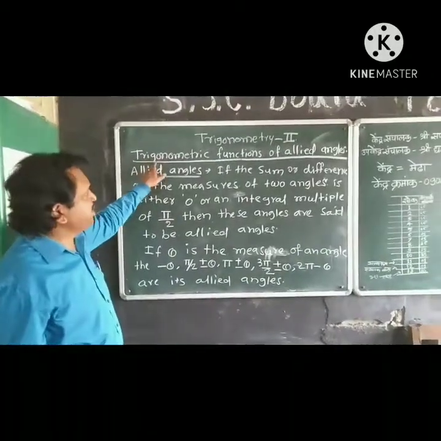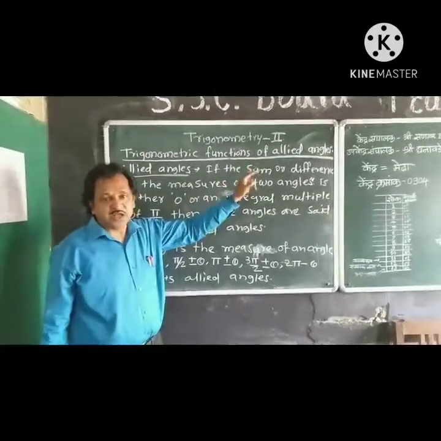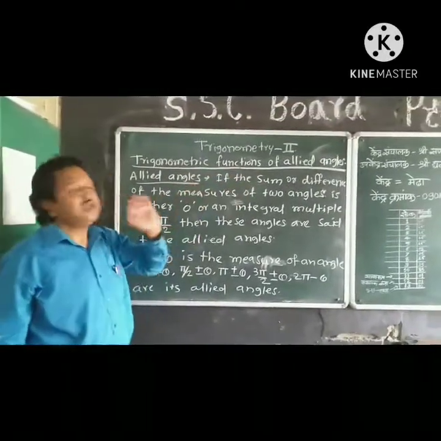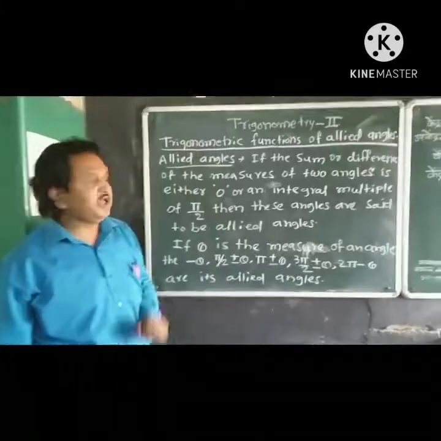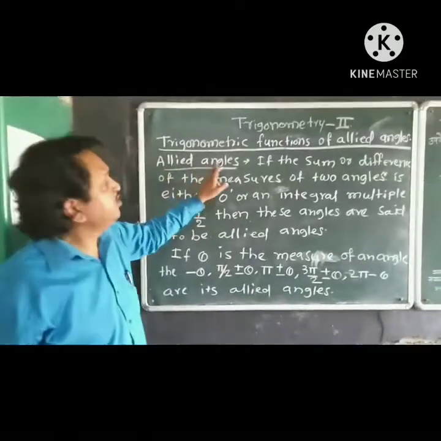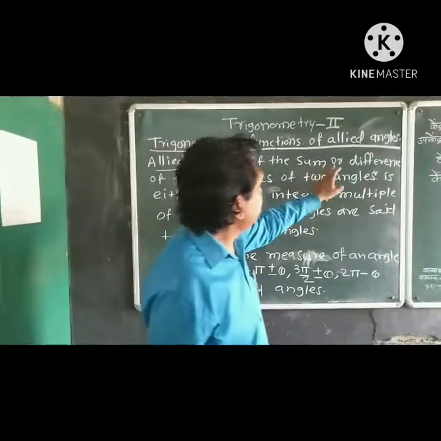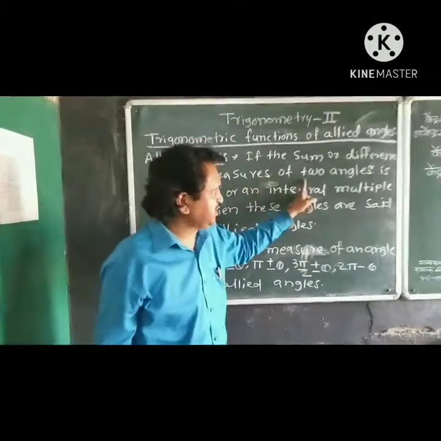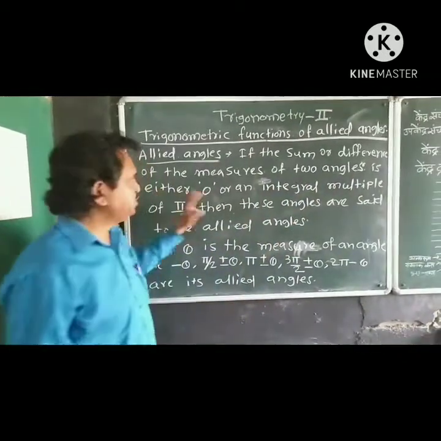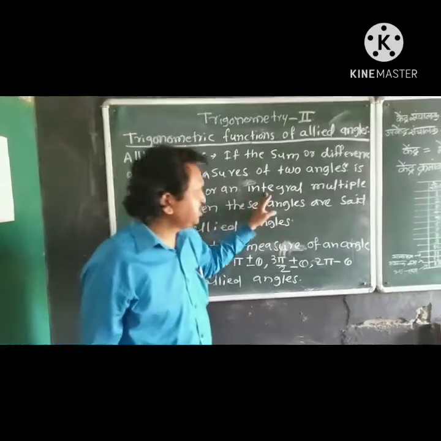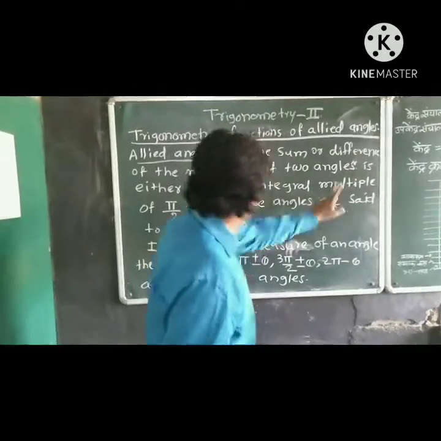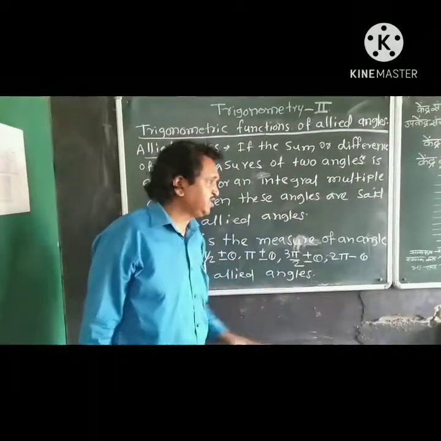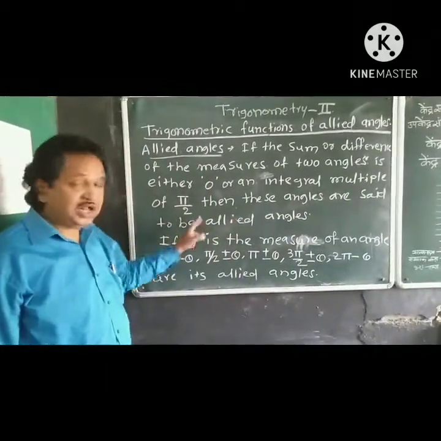Here, trigonometric functions of allied angles. Next point: what are allied angles? See here, allied angles means if the sum or difference of the measures of two angles is either 0 or an integer multiple of pi by 2, then these angles are called allied angles.